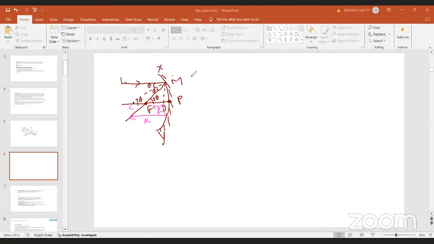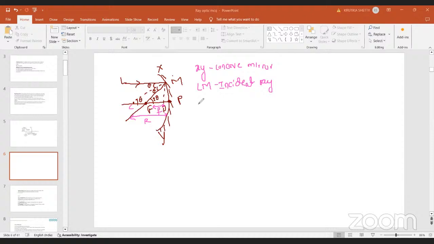Now from the figure, students, first see XY. XY is the aperture, or you can say that it is a concave mirror. So XY is your concave mirror. LM is the incident ray.